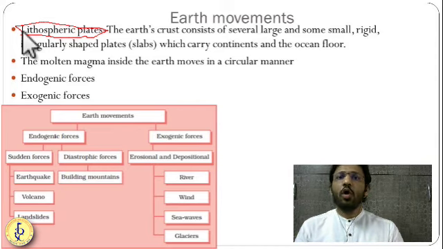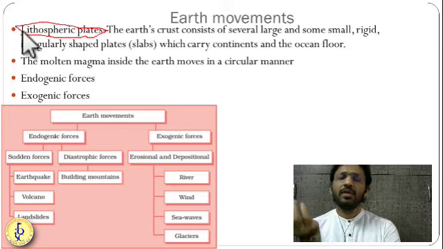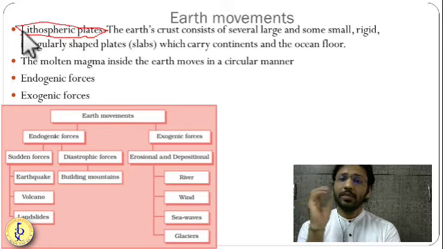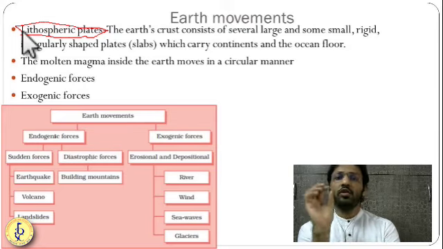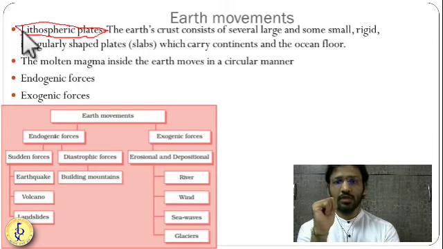Similarly, rise of hot lava is continuously going on below the Earth's lithosphere. This continuous moving of the lava is because of this force or heat. We call it an endogenetic force. Here, endo means inside. So this force is generating from inside the earth. This is the first force which is responsible for the movement of the earth.